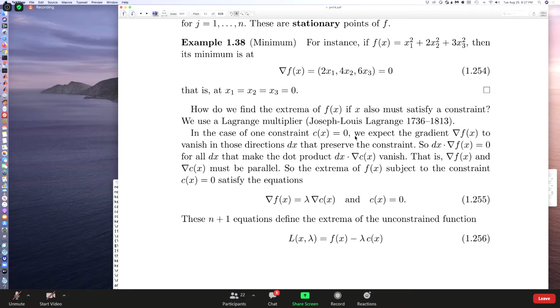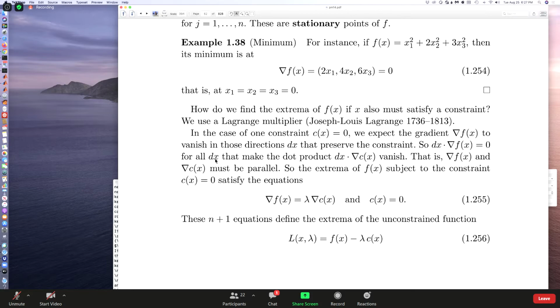And so what we want is we want dx dot grad f to vanish for all dx such that dx dot grad c vanishes. In other words, for all dx's that maintain the constraint.